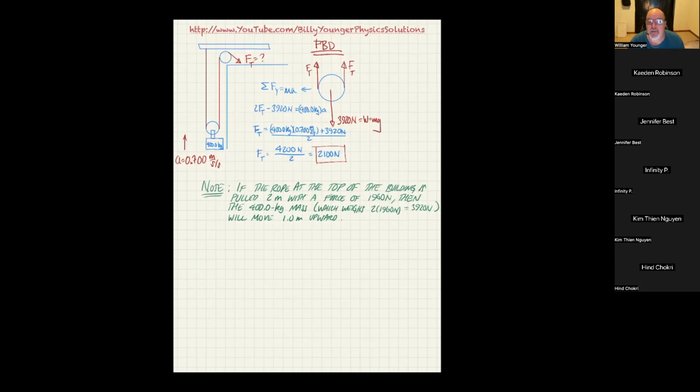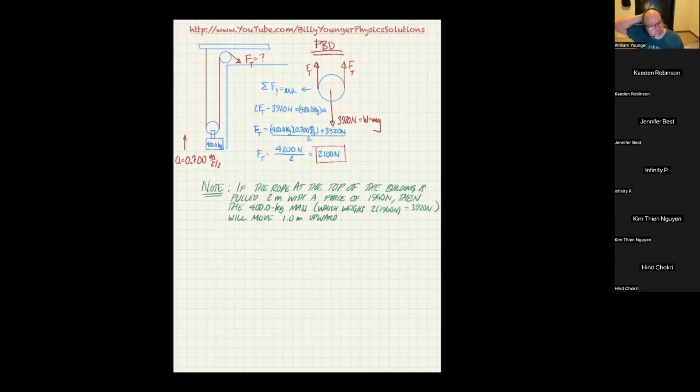Notice also how the tensions look like they're canceling each other out. When I did the free body diagram, I got a tension FT on the right that points up, and there's a FT on the left that points up as well. In fact, if you pulled those down, slid them along the pulley, you'd see the FT pulls to the right and the FT on the left pulls to the left.